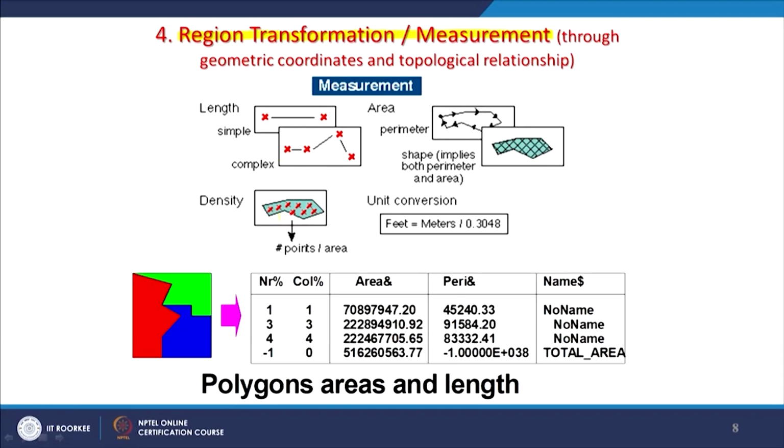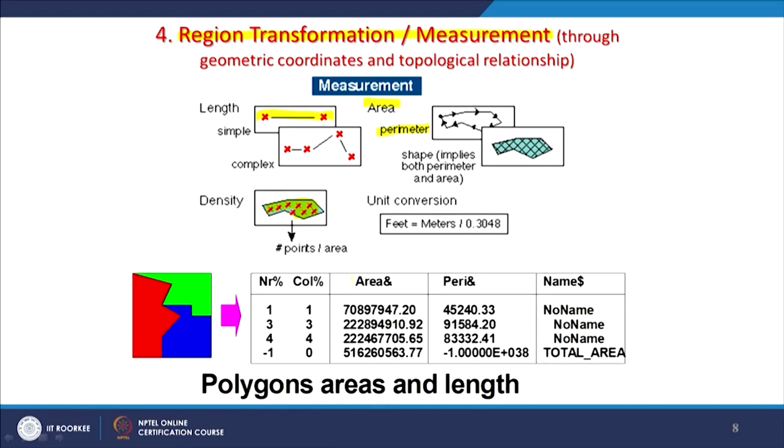Then we go for density measurement: how dense the points are located within an area. That is why it is a little different. In the simple or primary operations, you measure either length or distance, but here we are going for even density measurements. Of course, area and perimeter are also measured at different stages in GIS operations.